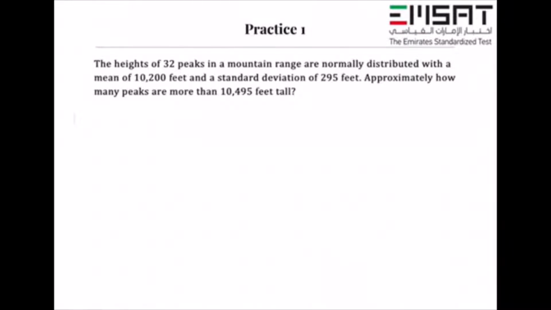So first we're going to highlight our given, which is 32 peaks. It is normally distributed, mean of 10,200 feet, and our standard deviation is 295 feet. Our main question is how many peaks are more than 10,495 feet tall.